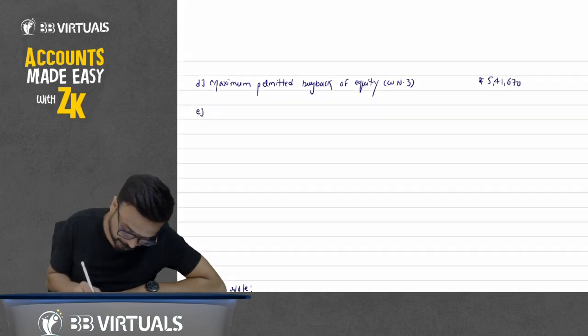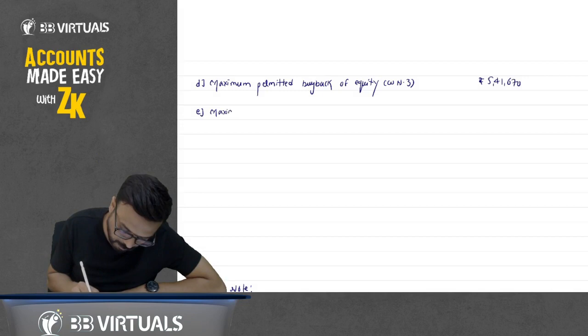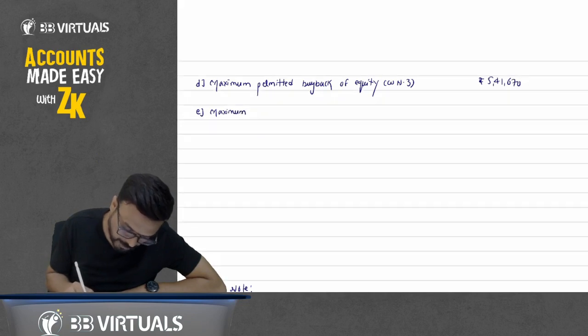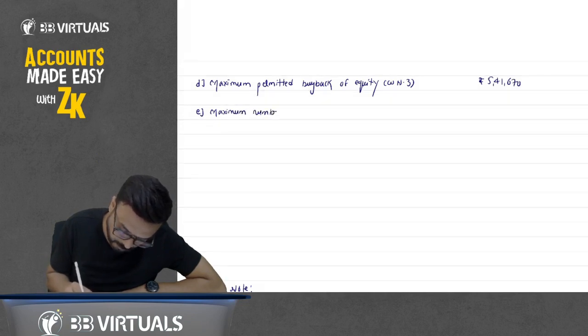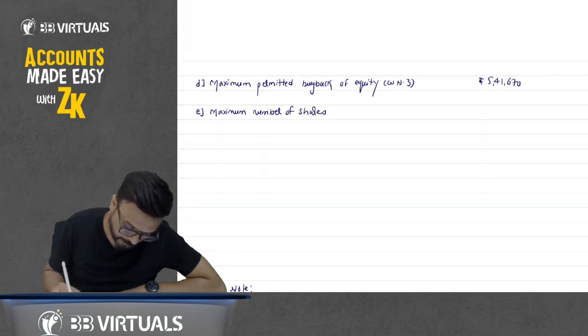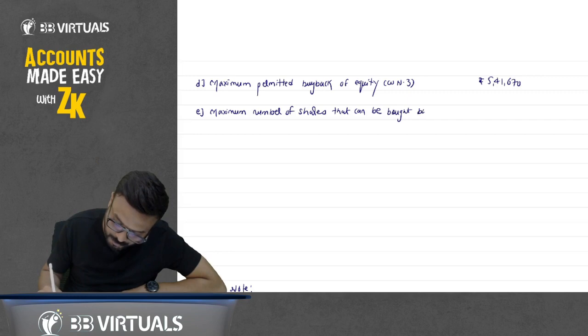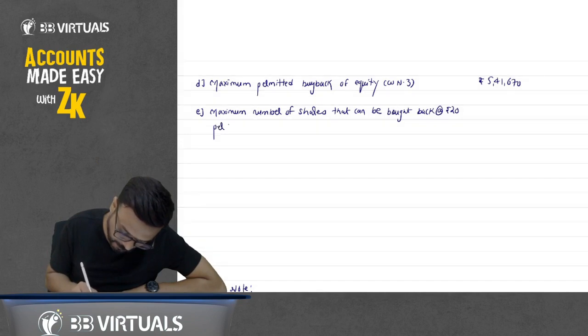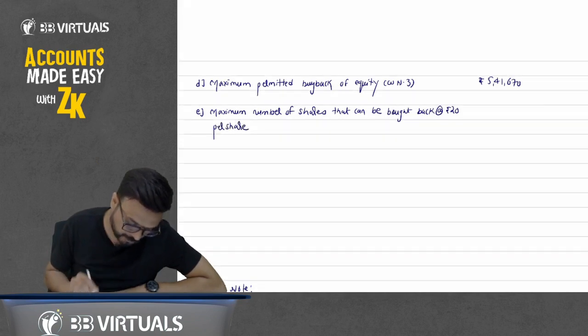Point number E, the maximum number of shares that can be bought back at a rate of rupees 20 per share.